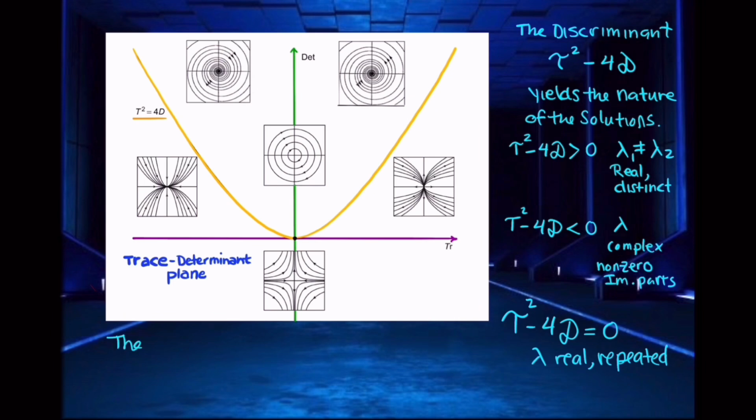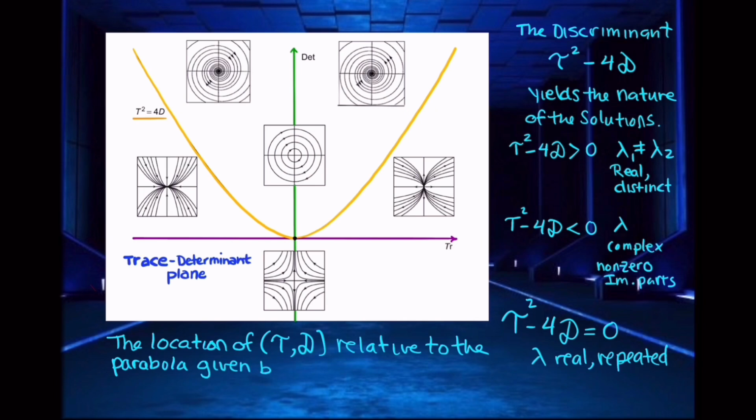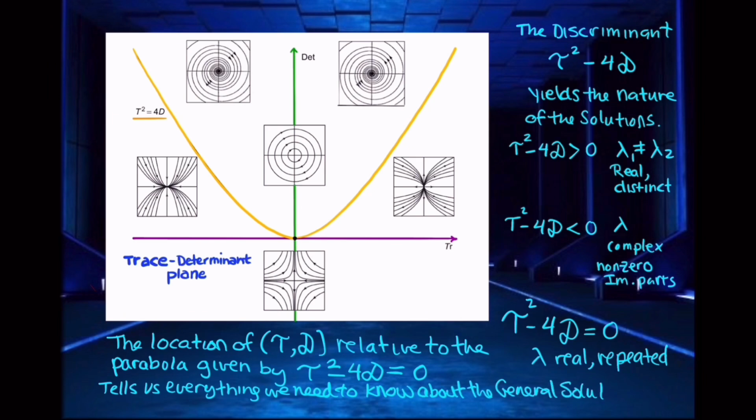And so we can see that it's broken up into several pieces. The location of the coordinate TD relative to the parabola given by t squared minus 4d equals 0 tells us everything that we need to know about the nature of the general solution to a planar system of differential equations.